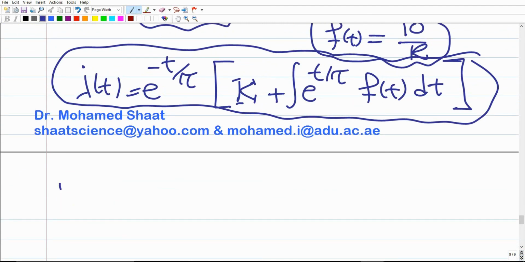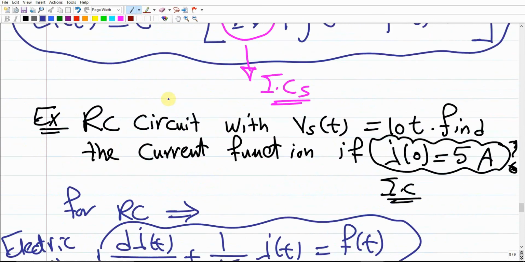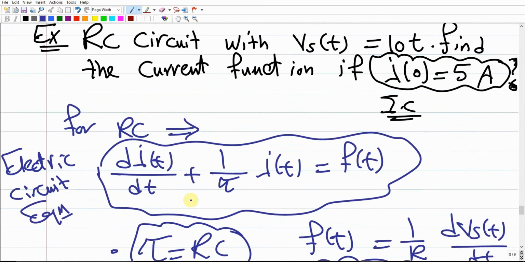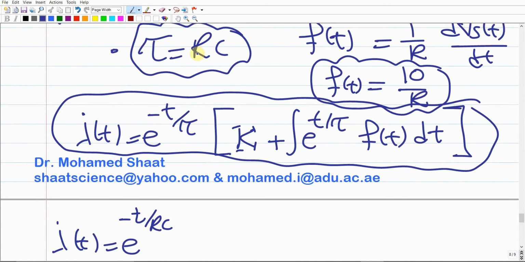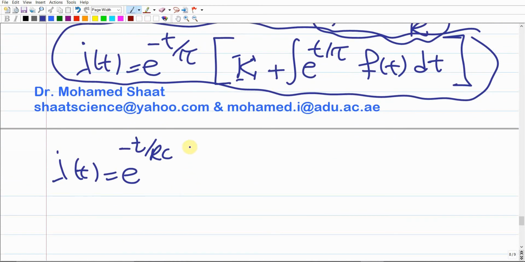So I(t) will be e to the negative t over tau, where tau is RC. For example, if I give you values for R and C, you substitute for R and C, where C is in farads and R is in ohms. This is the resistance and the capacitance of the RC circuit.